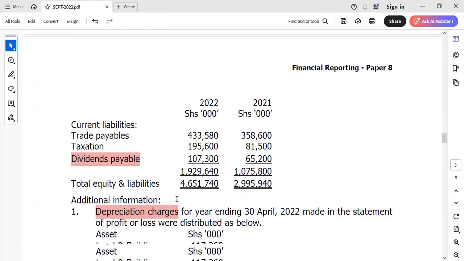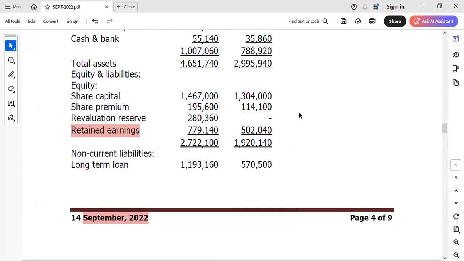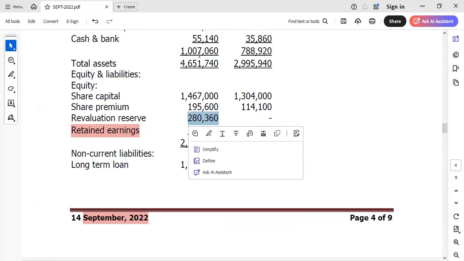Because they said that the remaining assets were revalued, and the effects of the revaluation were included in the statement of financial position. So you go to where you have revaluation reserve. Remember, revaluation gain is part of the reserves.